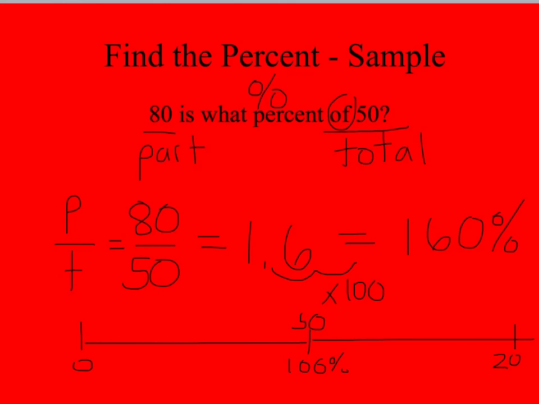Here would be 200%, and right about here would be 160%. 200% would be 100 value. 100 doubled is 200, 50 doubled is 100. So 80 makes sense. It's a little more than halfway between 50 and 100. So there's my 160%.